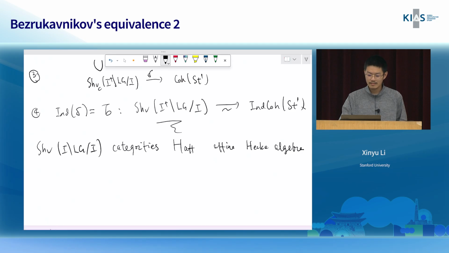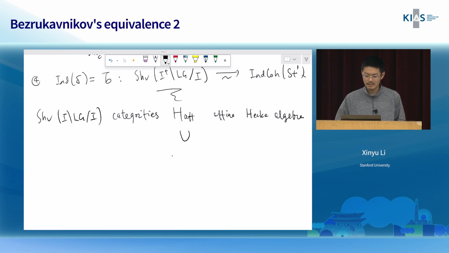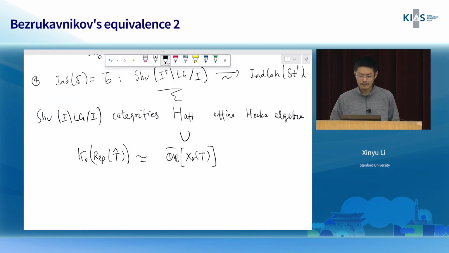And inside this affine Hecke algebra, there's a translation part corresponding to the co-character lattice of T, which you may think of as K0 of the category of representations of T hat. So the categorification of this translation part is precisely the so-called Wakimoto sheaves, which was denoted by J yesterday. So it's a functor from Rep T hat to the affine Hecke category.